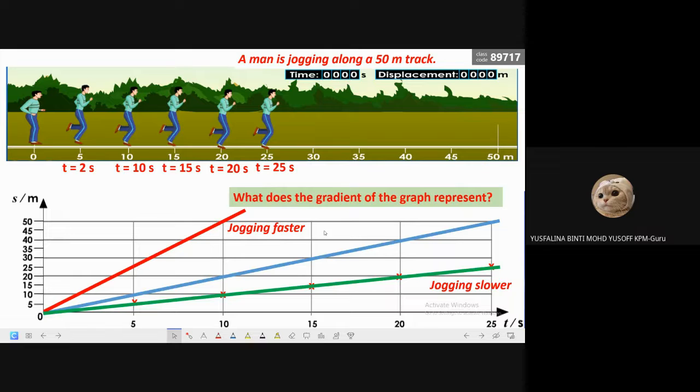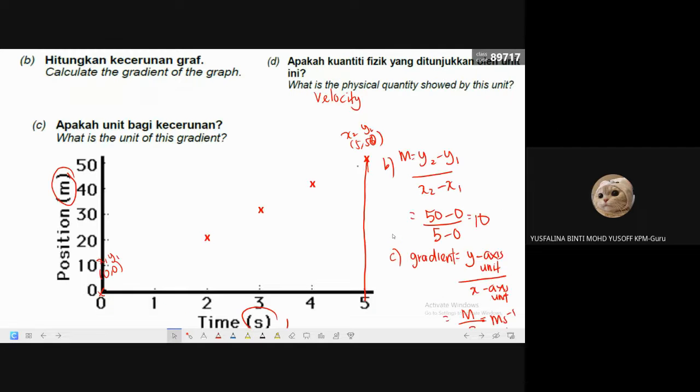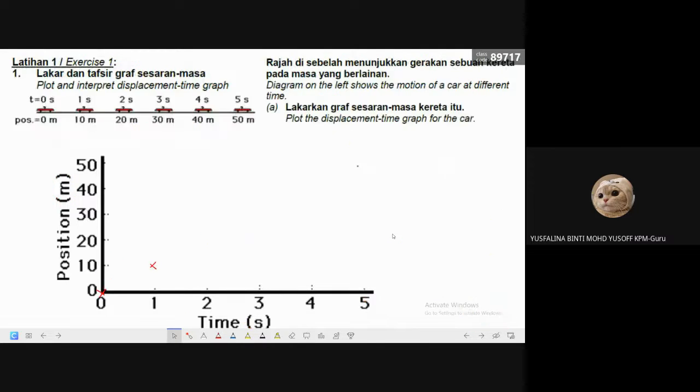So what does the gradient of the graph represent? You need to remember this one: the jogging faster, then the time is less.